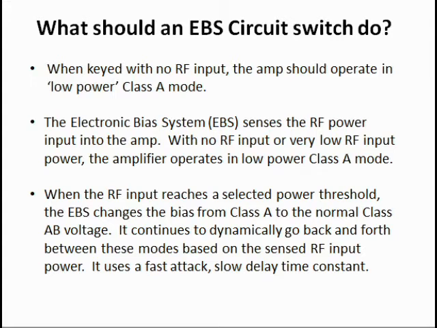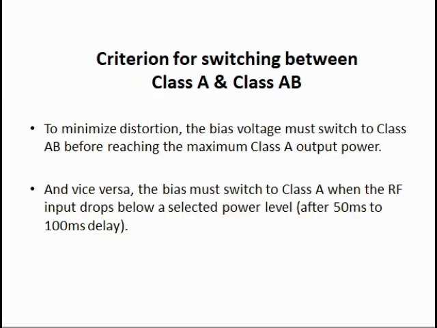In reality, though, the electronic bias system must go back and forth between the two modes of Class A and Class AB by adjusting the bias level. It uses a fast attack, sort of like automatic gain control, or AGC, and a slow decay time constant. Okay, now we need a criteria for switching between Class A and Class AB.